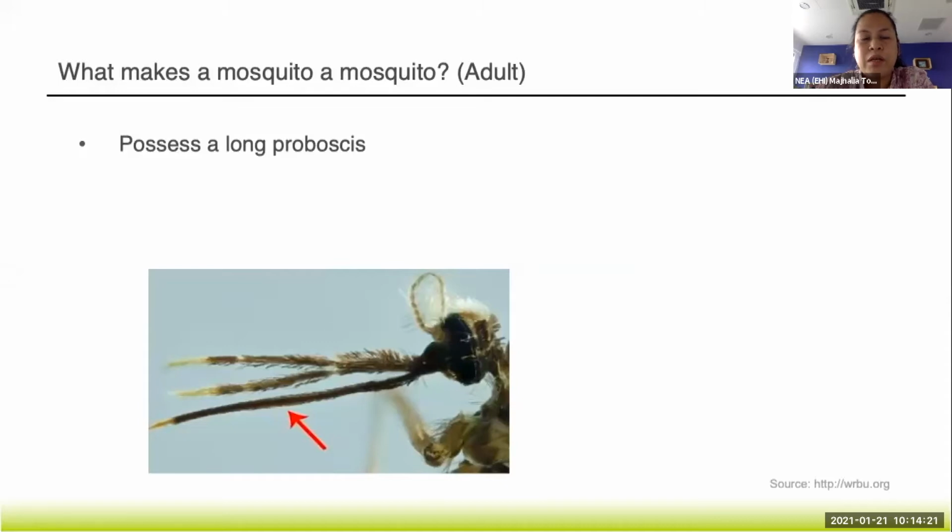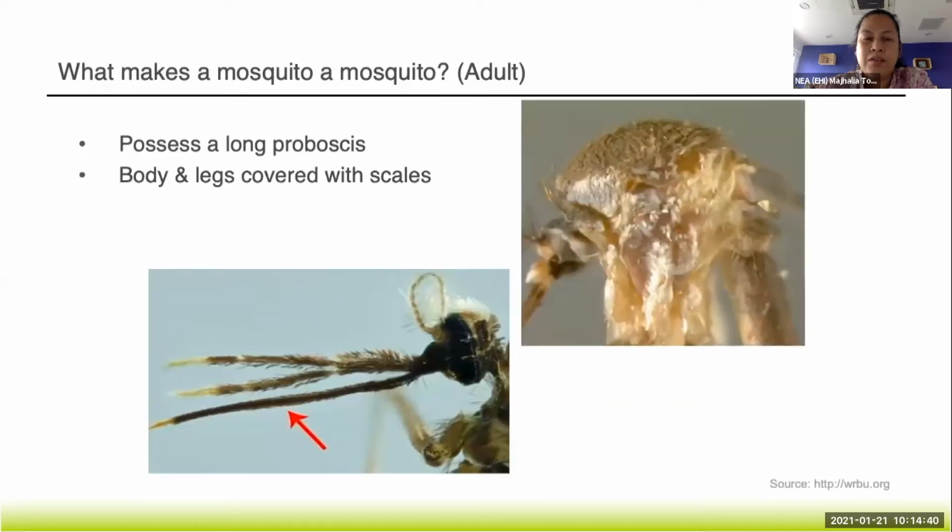There are a few characteristics that we look out for when we consider an insect as a mosquito. Another will be that the body and the legs are covered in scales.